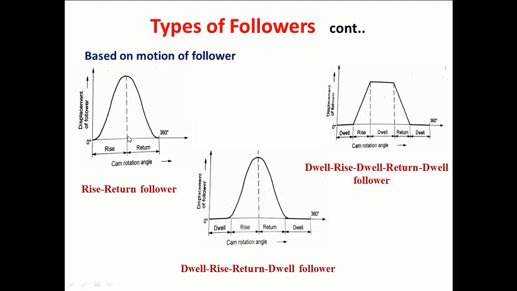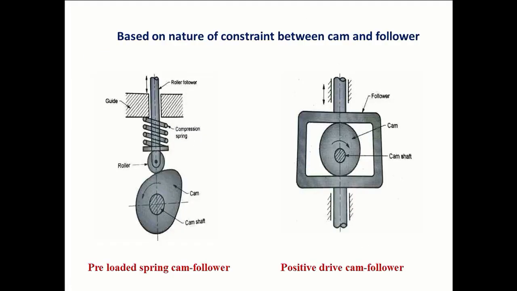During first half of the cycle the follower is having a rise, and then during the next half it is returning back to its initial position. This is dwell, rise, dwell, return and dwell type of follower, whereas here we have dwell, rise, return and dwell type of movement for the follower.